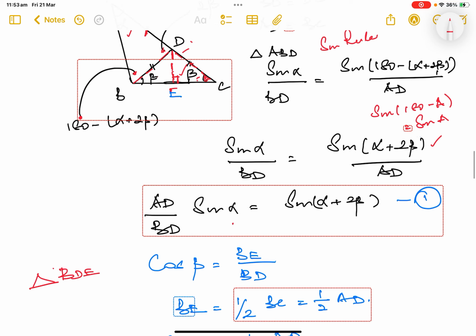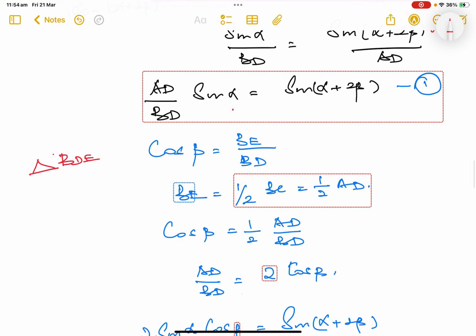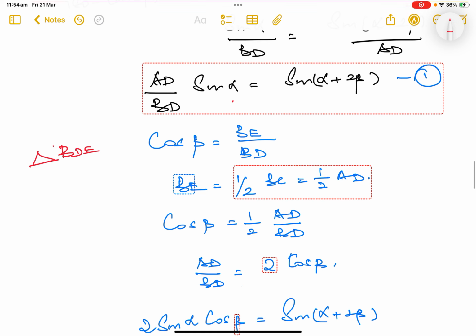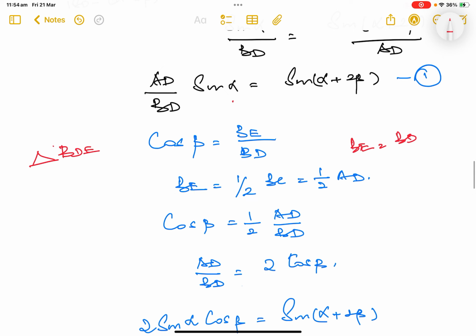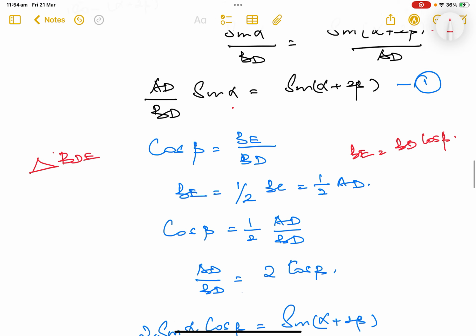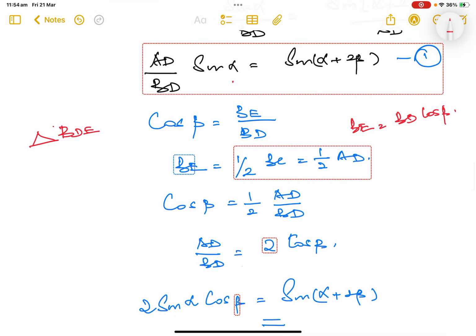From that, cos beta equals adjacent side over hypotenuse. That is BE over BD. From that, BE equals BD cos beta. BE is half of BC, that is what I got here, half of BC. So BE is half of BC.